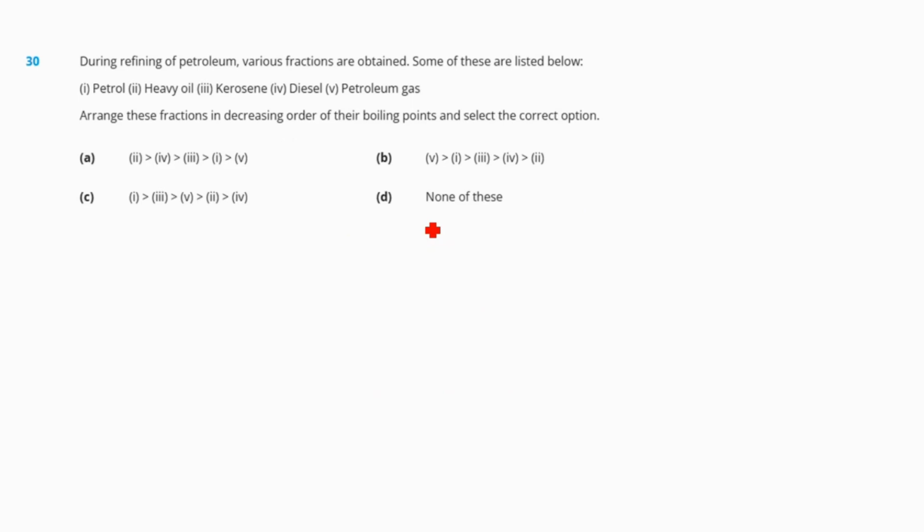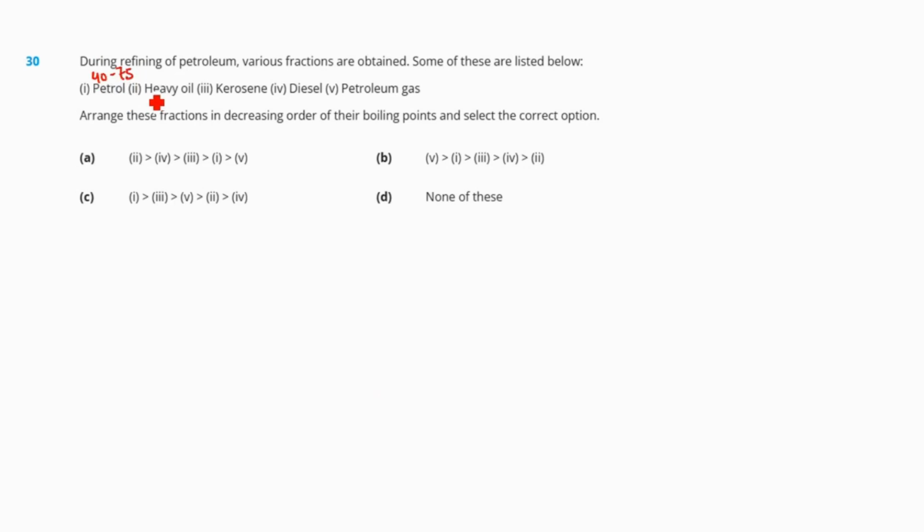Question number 30. During refining of petroleum, various fractions are obtained. Some of these are listed below. Petrol, heavy oil, kerosene, diesel, petroleum gas. Arrange these fractions in decreasing order of their boiling point and select the correct option. So if we start with petrol, the boiling point is around 40 to 75.